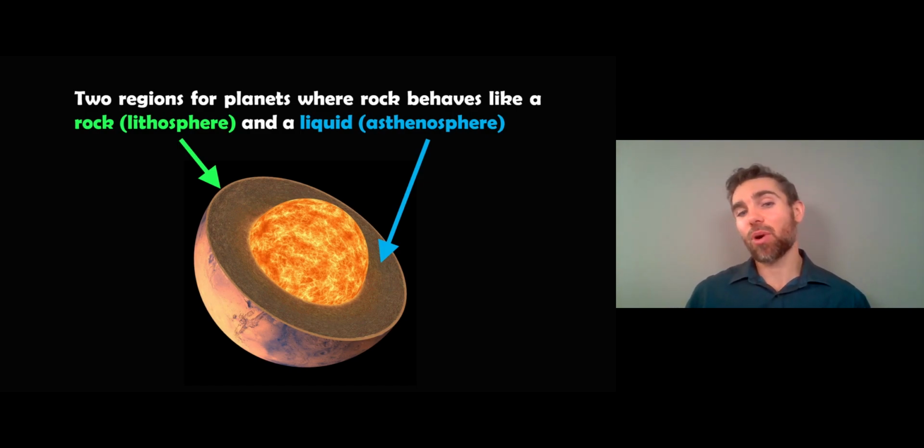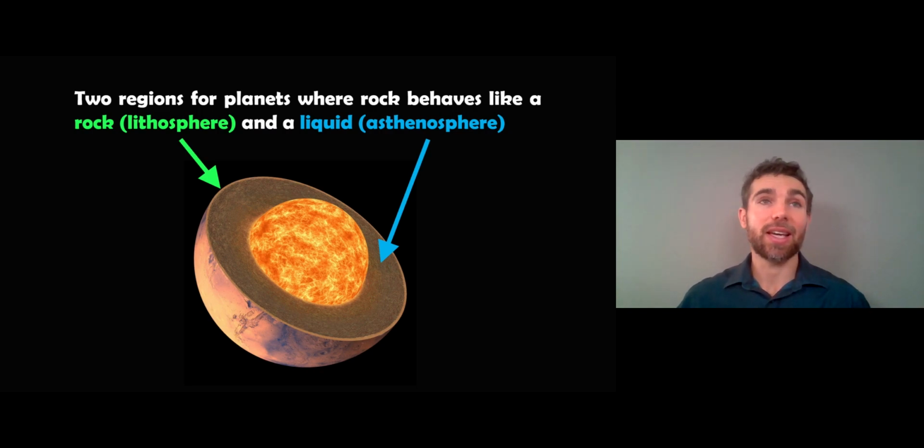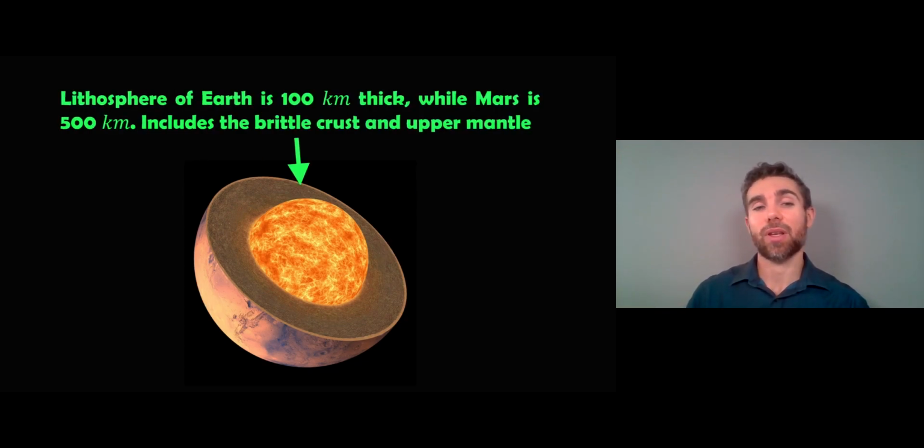That is the outer part, so that's going to include the crust and the upper mantle. And then part of it is going to behave more like a liquid, and this is the asthenosphere. I think I've pronounced that correctly. And that is the rest of the mantle and a bit further down, where it behaves more like a liquid and can flow essentially.